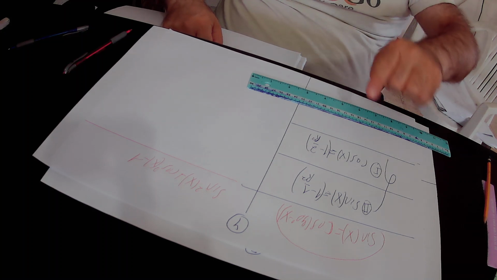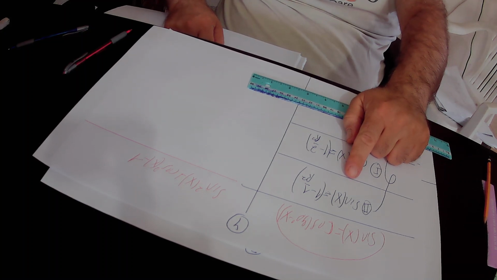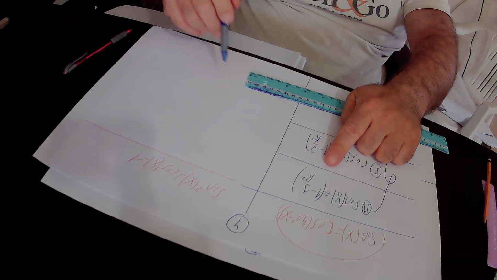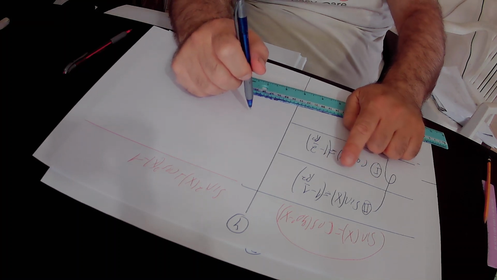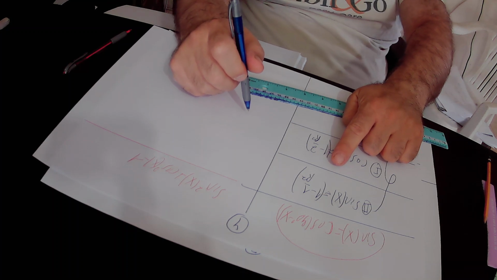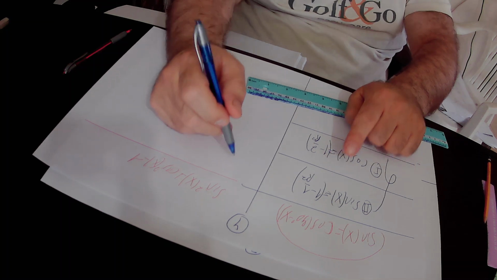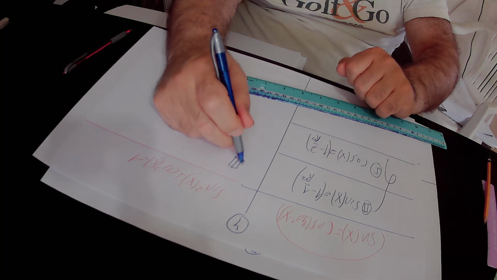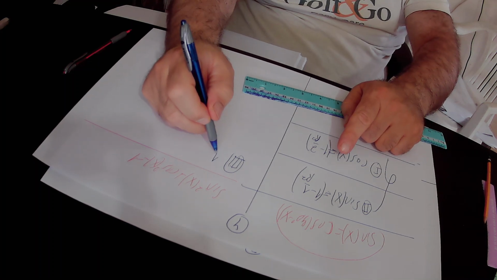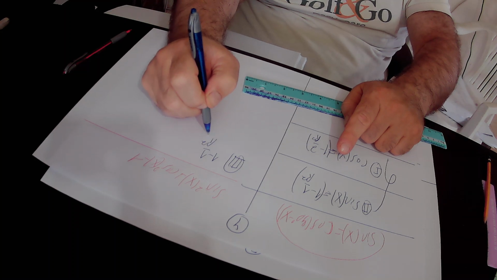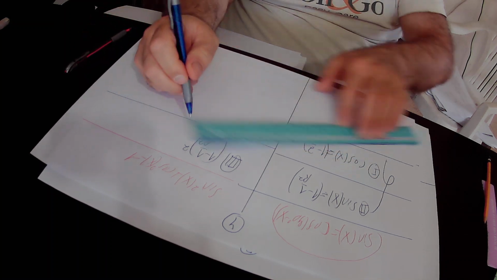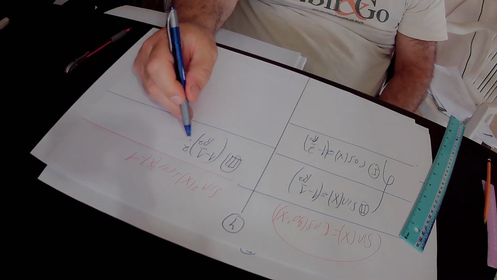We already found out that according to equation 2, sin x equals 1 minus 1 over r squared. So if sin x equals 1 minus 1 over r squared, it means that sin squared x will be equal to (1 minus 1 over r squared) squared. And we have also here plus cosine squared x.